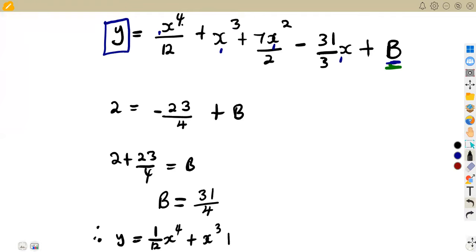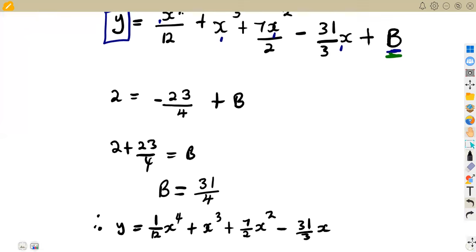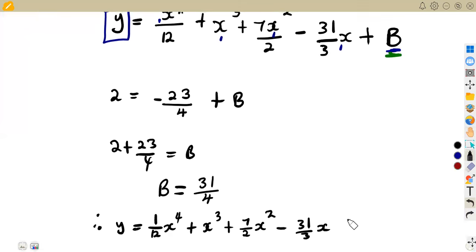Then we have plus 7 x to the exponent of 2, which is same as 7 over 2 x to the exponent of 2, minus 31 over 3 x in this case. Then we have got our b as 31 over 4. So we just write as it is plus 31 over 4. So this is the particular solution.